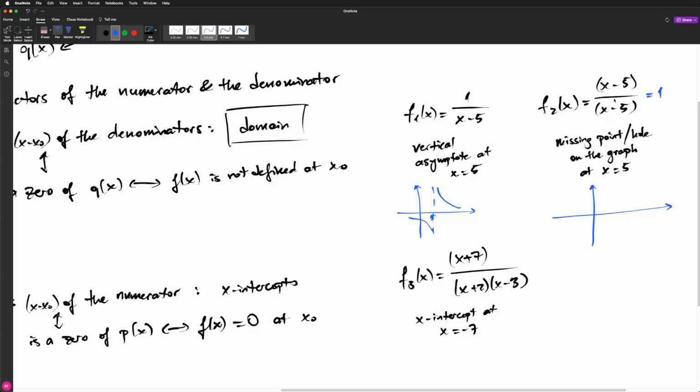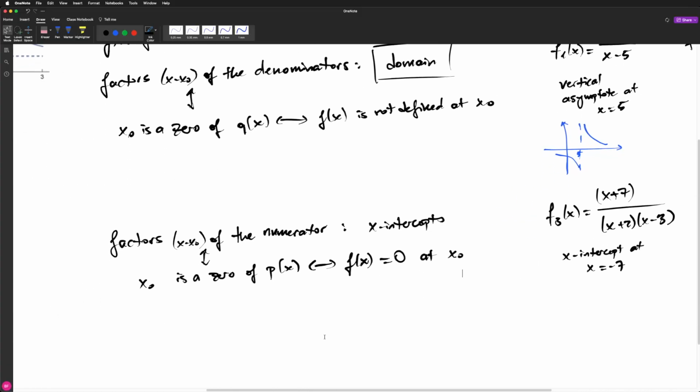If your function is x minus 5 over x minus 5, when you plug in 5, the denominator becomes 0. But it turns out those factors can be cancelled, and everywhere except x equals 5, the function is the constant function 1. At 5, you don't have an output. That just means you have a missing point. So those are the two things that can happen, depending on whether you can simplify the factor at the bottom or not: you have either vertical asymptotes or holes on the graph.